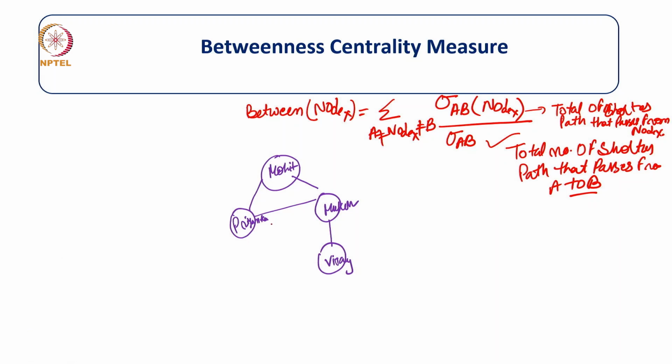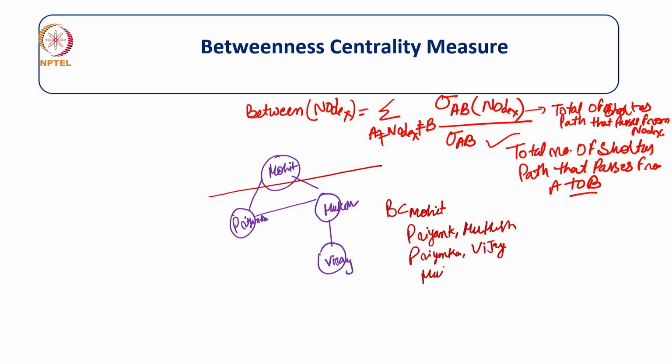Now, if we have to calculate the betweenness centrality measure of Mohit, what we have to do? We have to calculate the paths between Priyanka and Mukesh, Priyanka and Vijay, and Mukesh and Vijay.